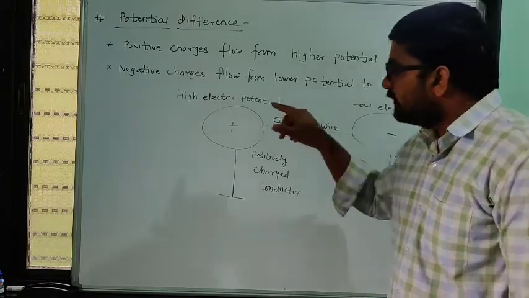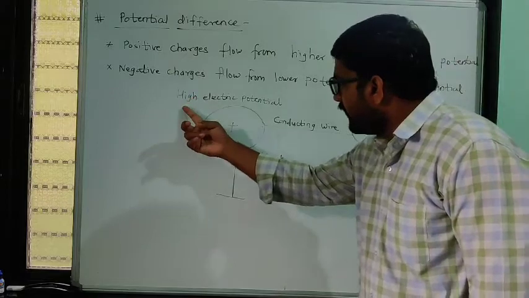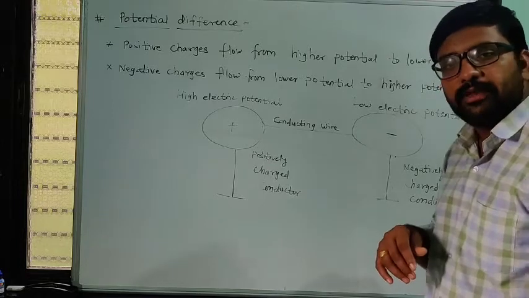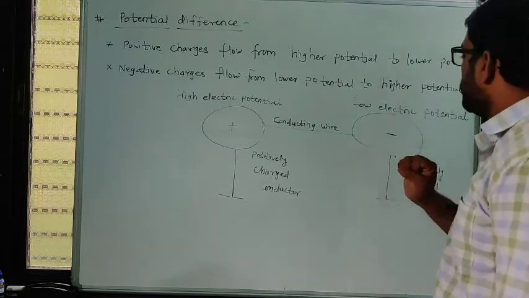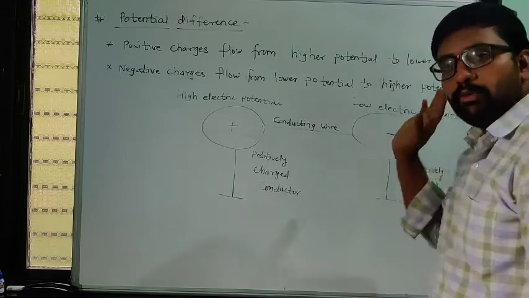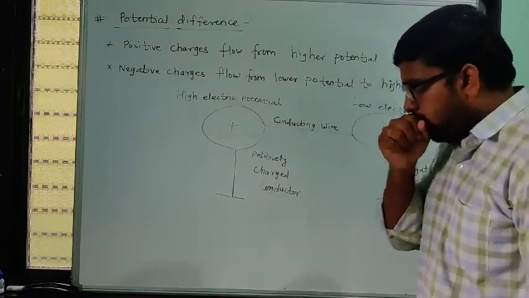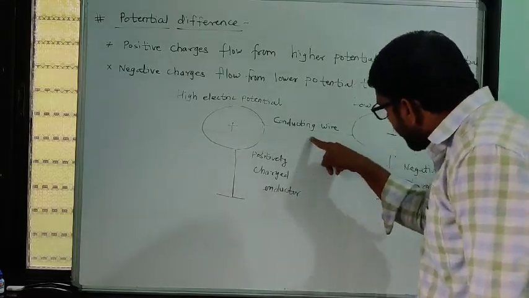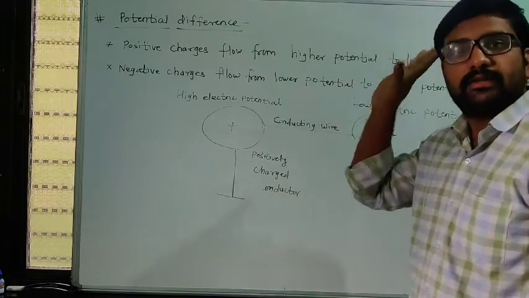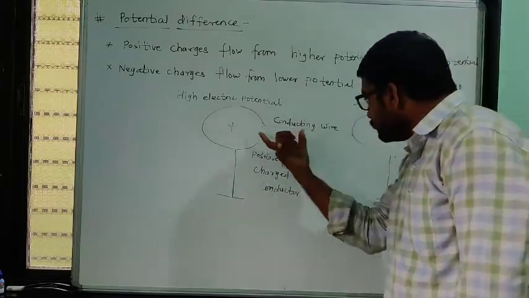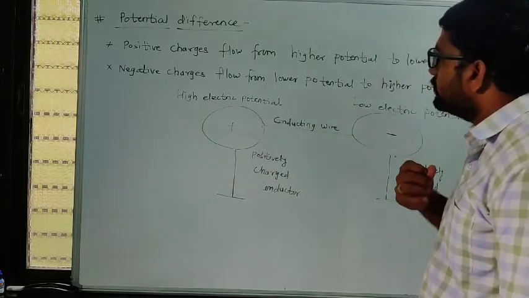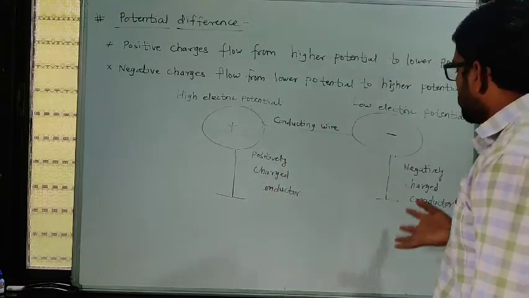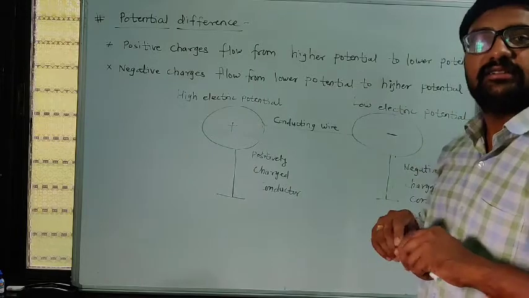Another conductor is the negatively charged conductor, which is at low electric potential. These two conductors are connected by a conducting wire.